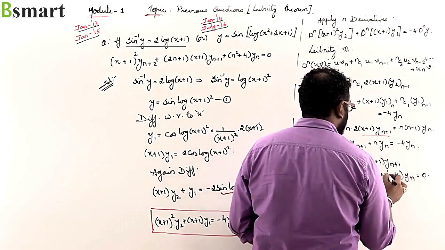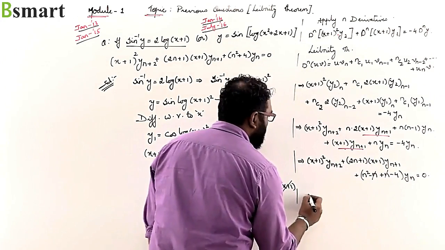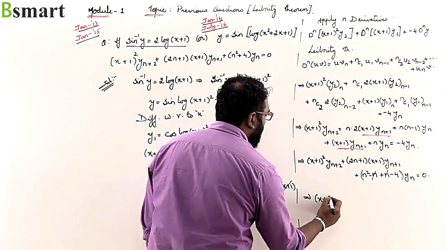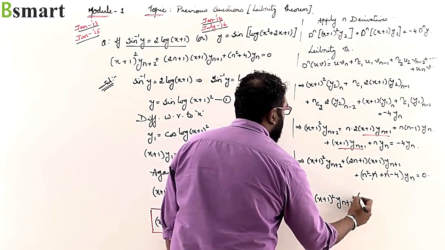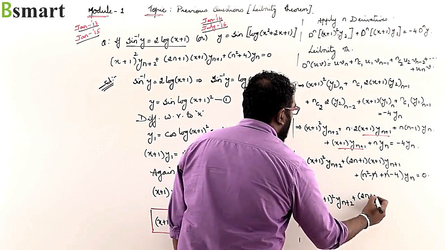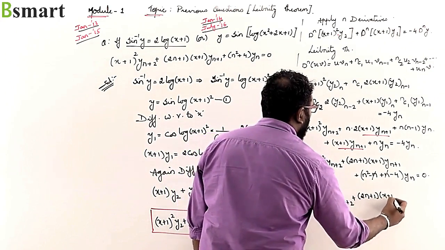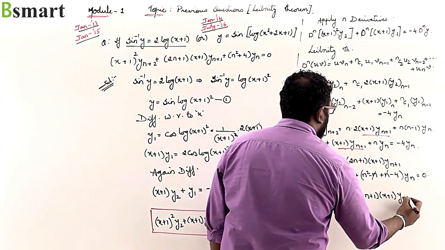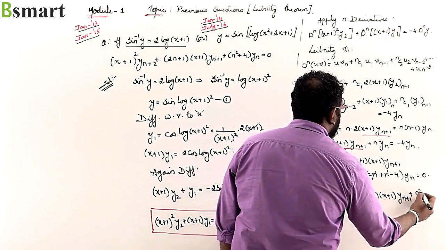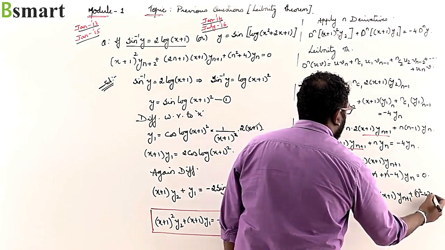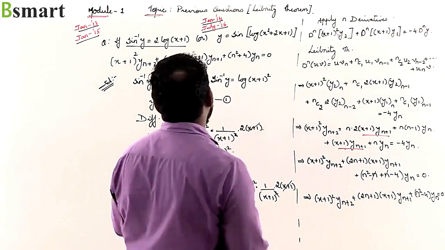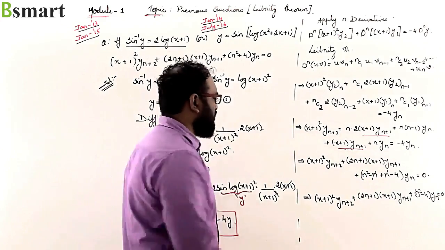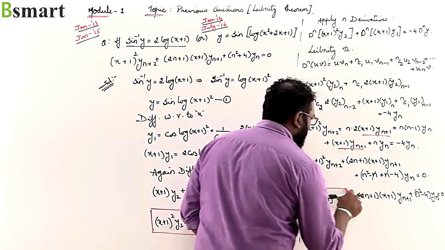So minus n plus n will get cancelled. That implies (x plus 1) whole square into yn plus 2 plus (2n plus 1) into (x plus 1) into yn plus 1 plus (n square minus 4) into yn is equal to 0. So this is what he asked us to prove. So this is our required proof.